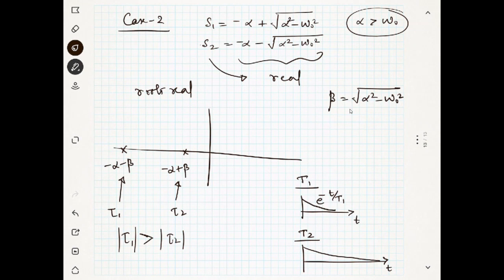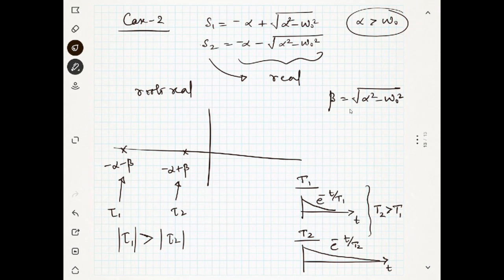So what will be the response of the total system now? Forget about overdamped and underdamped and all. In this system, T2 is greater than T1. Am I correct? T2 is greater than T1. I am talking about this case.